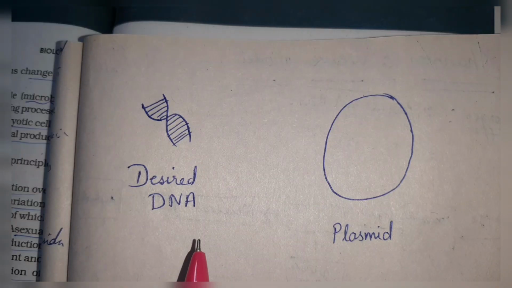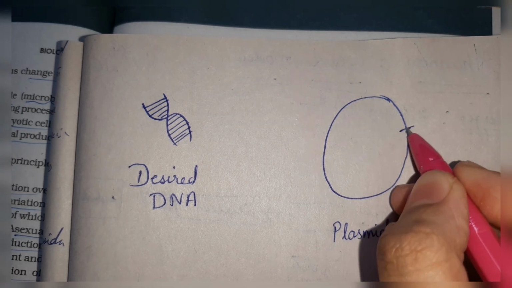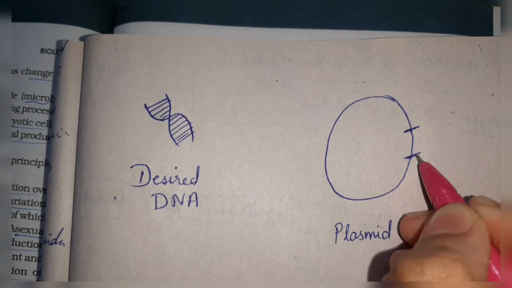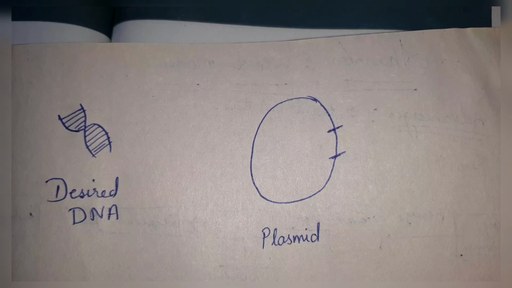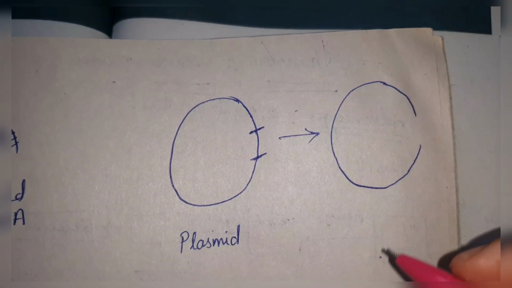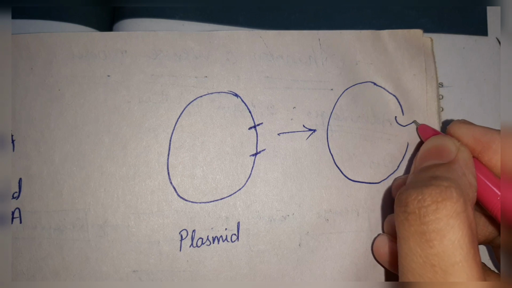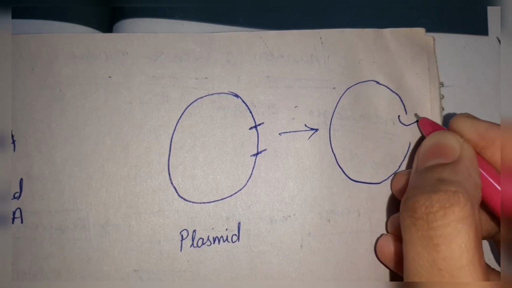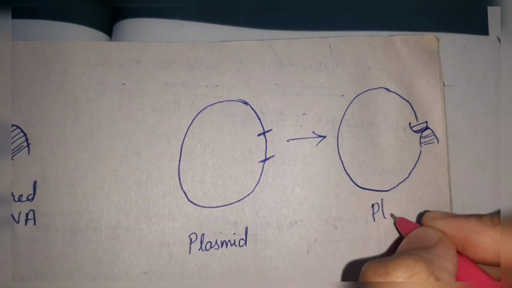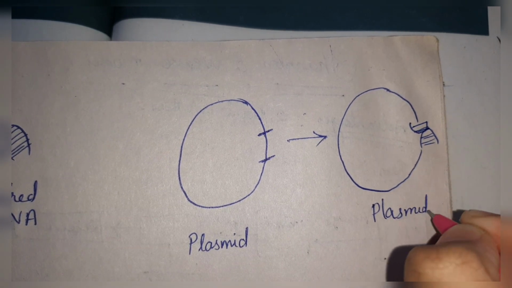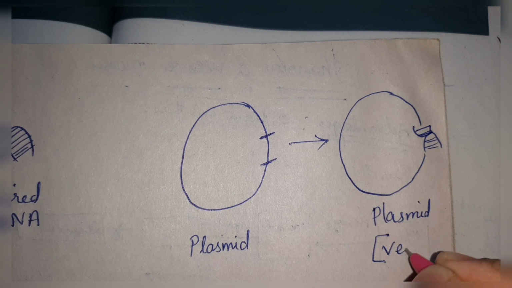If this is the desired DNA and we cut this plasmid at two ends with the help of molecular scissors, which are known as restriction endonucleases, then here we attach the desired DNA, and this plasmid will now act as a vector.